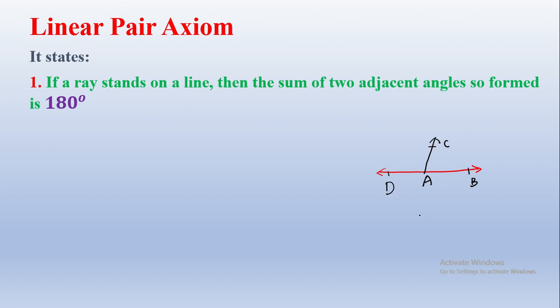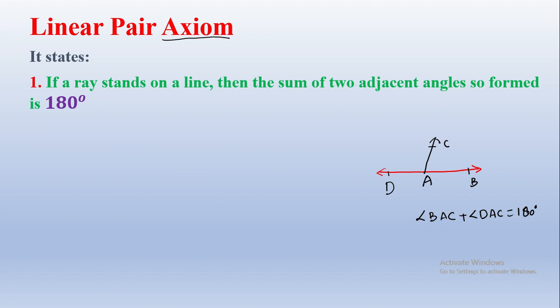So the two adjacent angles formed here will have a sum of 180 degrees, that is, angle BAC plus angle DAC is equal to 180 degrees, and this statement is in the form of an axiom.